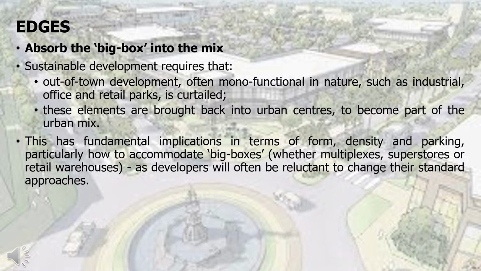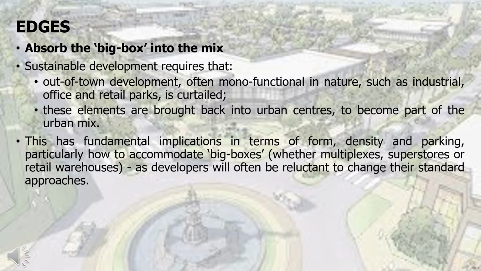Now, these elements are brought back into urban centers to become part of the urban mix. This is the intent of many urban planners, and they try to harmonize those monofunctional developments within the region they are developing. This has fundamental implications in terms of form and in terms of density.